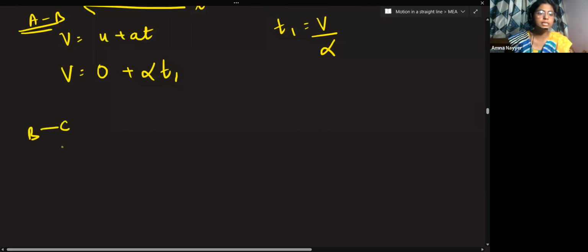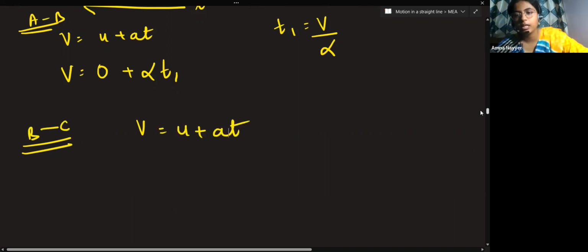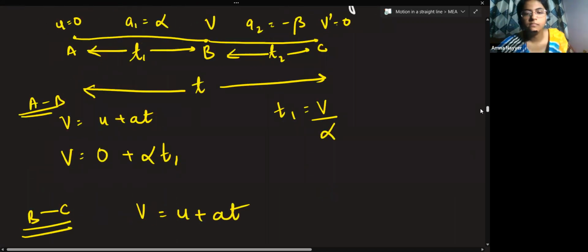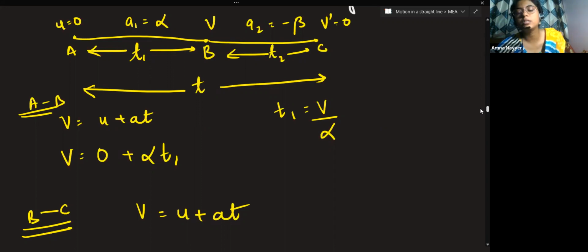For B to C, if you use the equation V is equal to U plus AT, tell me what will be the final velocity here? It will be 0, because for the B to C part the car is stopping, which means the car has gone into a state of rest, so no velocity will occur.